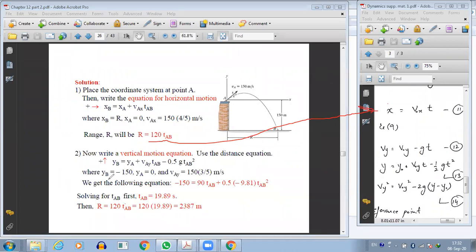Then you see here YB is negative 150. This is what I was saying to you. So negative 150. Y would be negative here. Why not? We can put 0. And so we get the time. Once we have the time, we will get the distance. It's not difficult. You just have to use it in the right way.